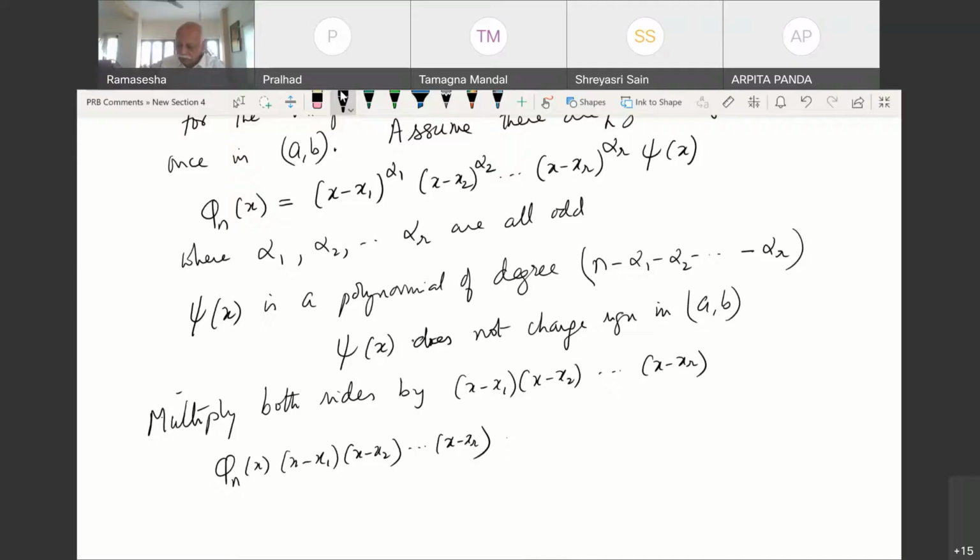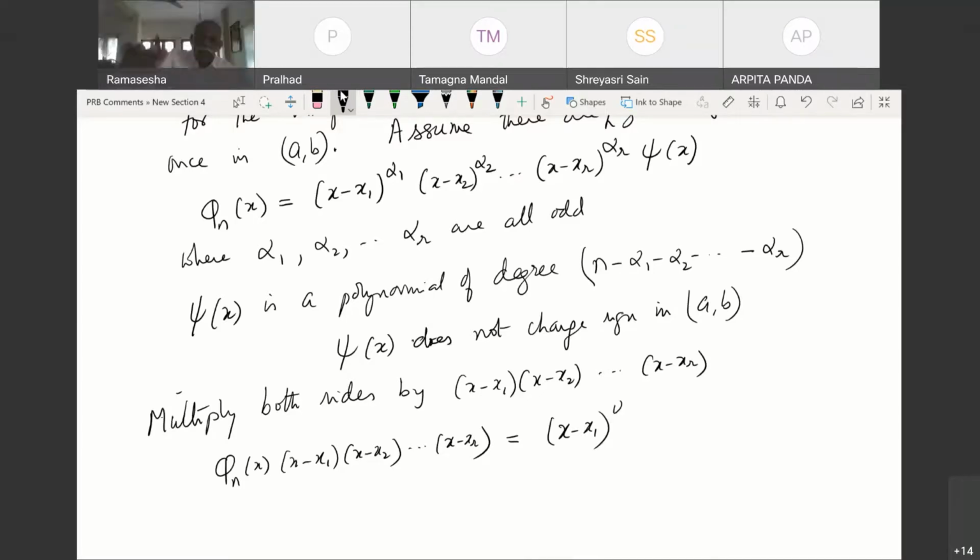This is equal to (x minus x1) to the power alpha 1 plus 1, (x minus x2) to the power alpha 2 plus 1, and so on up to (x minus xr) to the power alpha r plus 1, times psi of x.